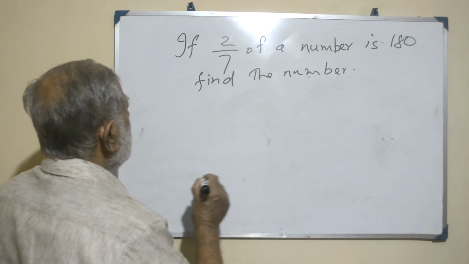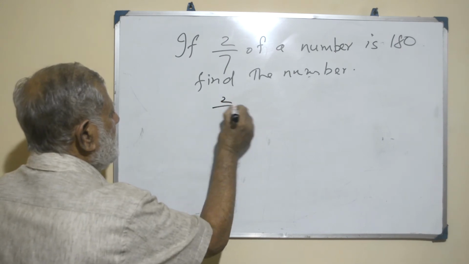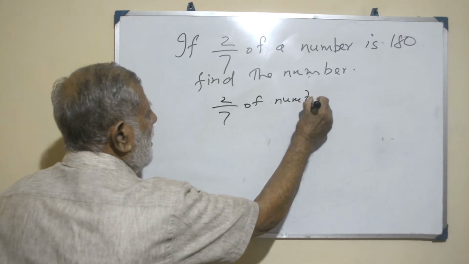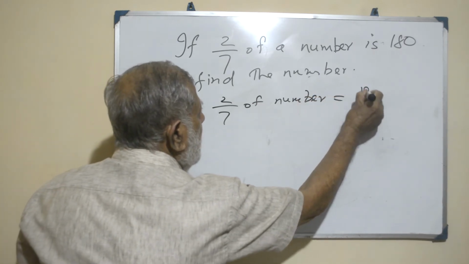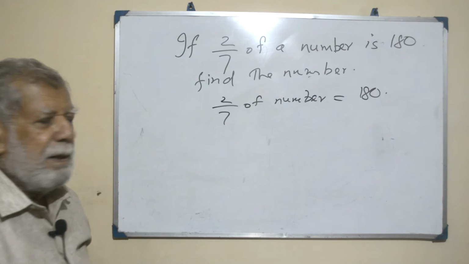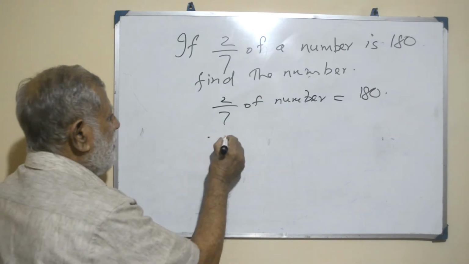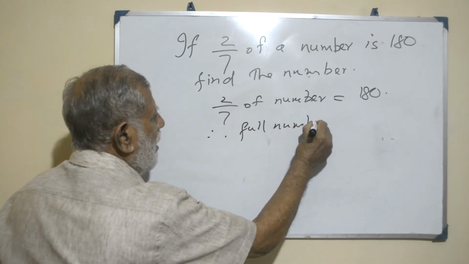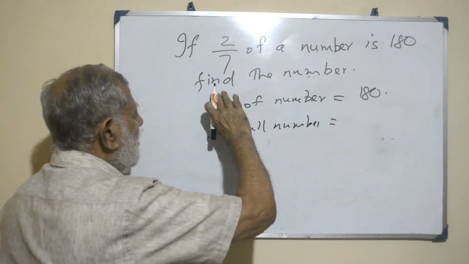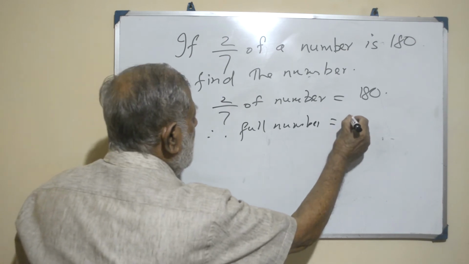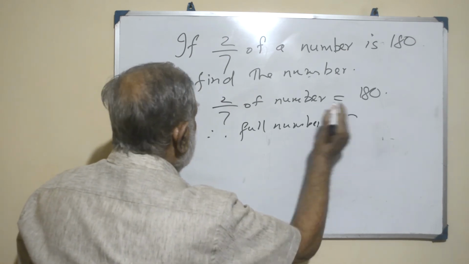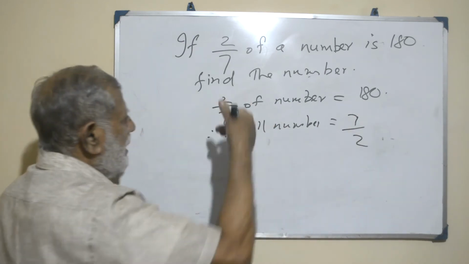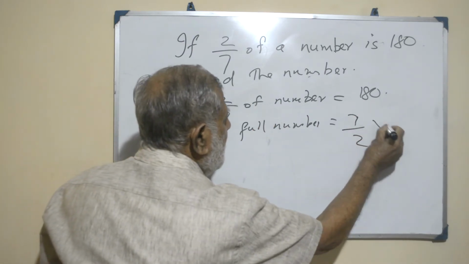So we write the statement for this. First line will be 2 upon 7 of number equals 180. Therefore, full number equals 7 upon 2, you get the reciprocal. You put 2 upon 7 as 7 upon 2, the reciprocal, into 180.